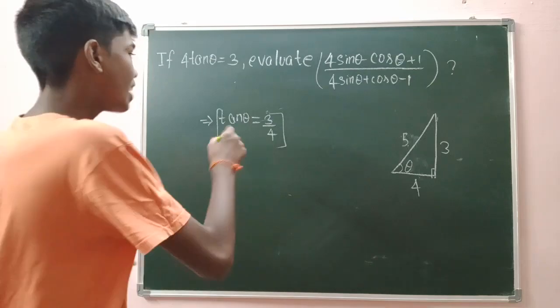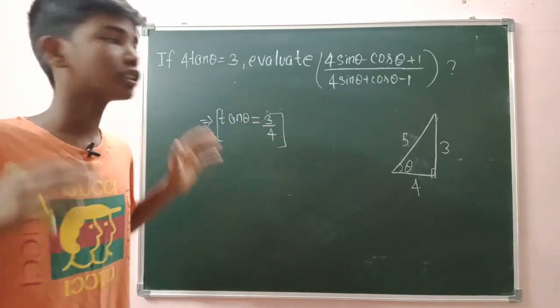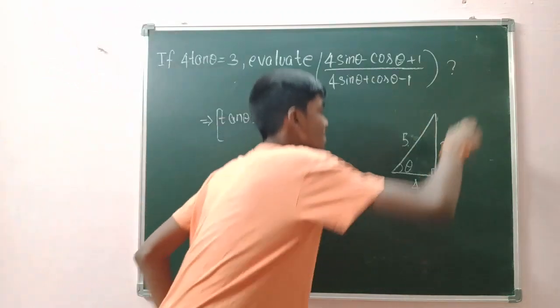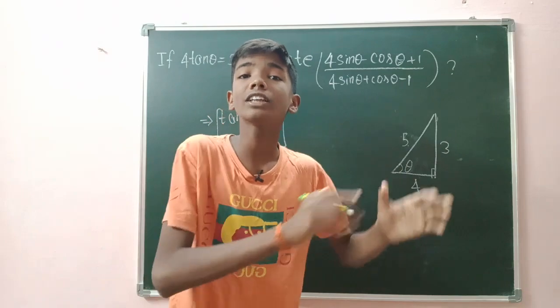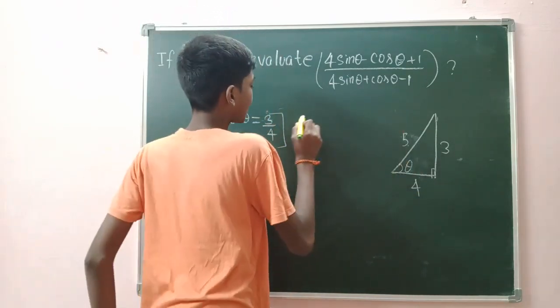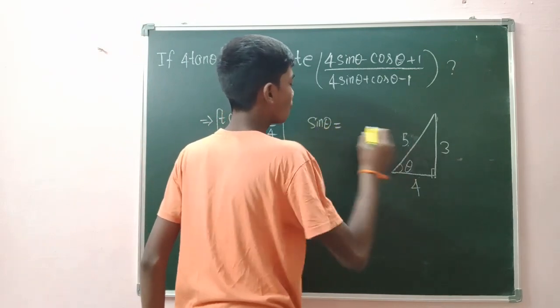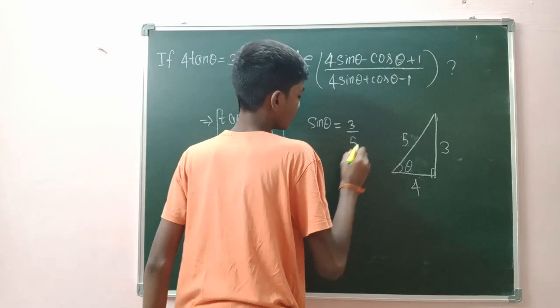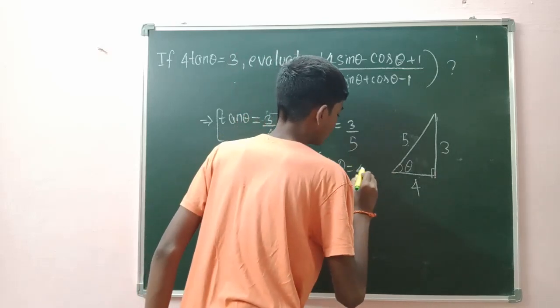Now, if tan theta is equal to 3 by 4, I can draw the triangle in which all three sides are included. From this, I would say that sin theta will be equal to opposite by hypotenuse, that is 3 by 5, and cos theta will be equal to adjacent by hypotenuse, that is 4 by 5.